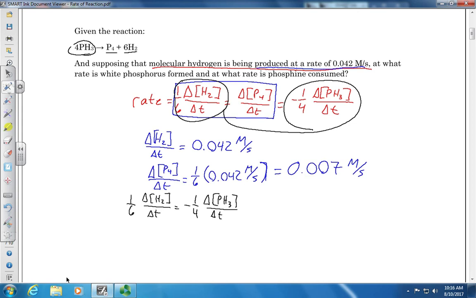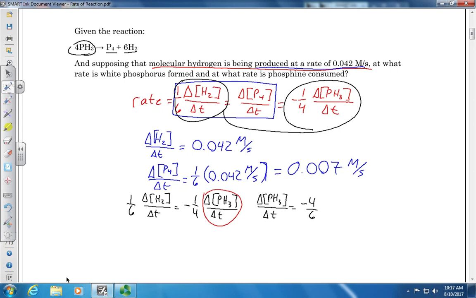Now we want to get this term over here by itself. So we're going to multiply both sides by -4. So we get delta PH3 concentration over delta T is equal to -4/6, which you can reduce if you are so inclined to 2/3.